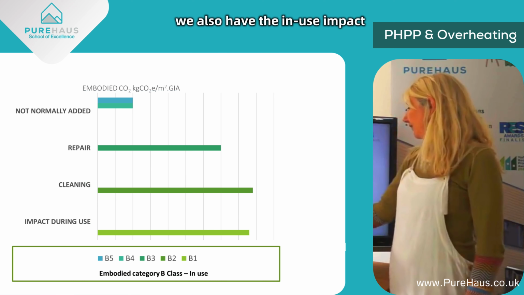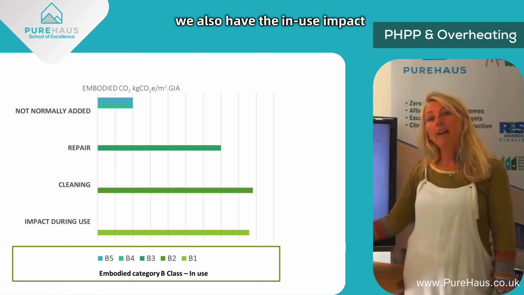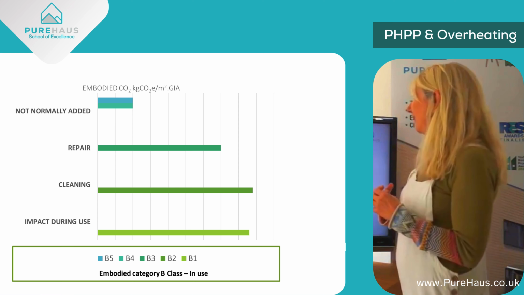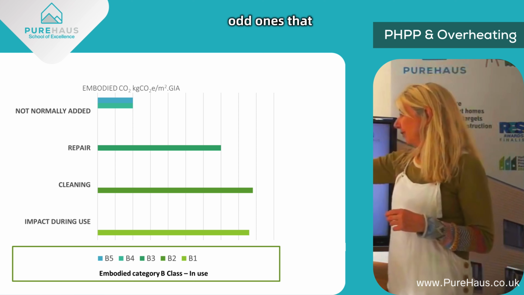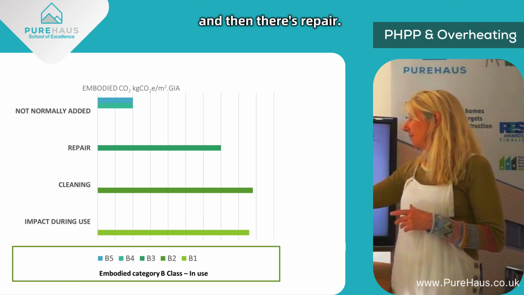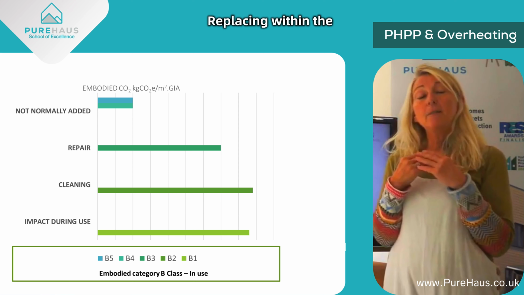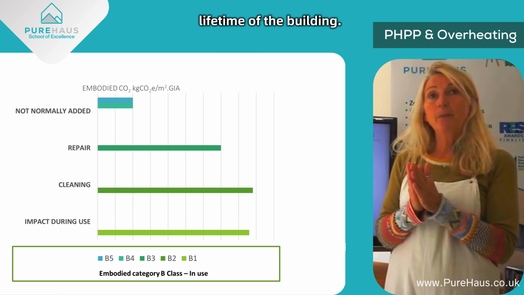Equally, we also have the in-use impact of the embodied construction. And there are a couple of odd ones that aren't normally added, and then there's repair. So, for example, if something needs replacing within the lifetime of the building.